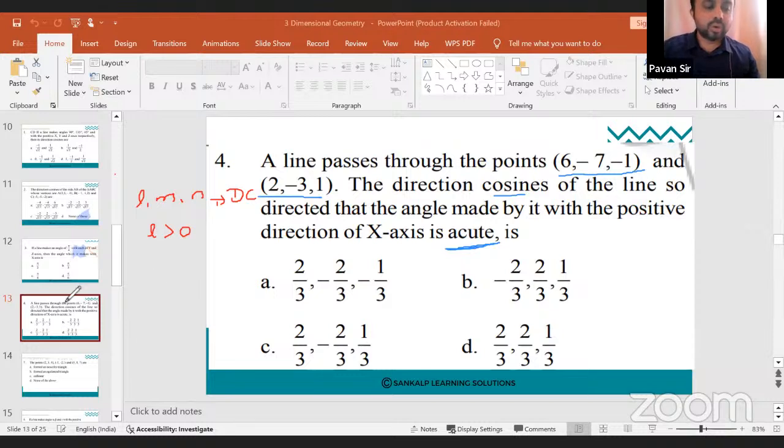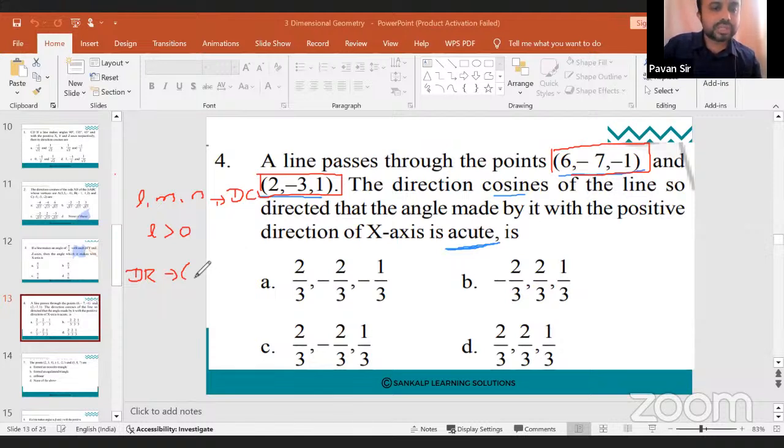Now, the line passes through these two points: the first set is (6, -7, -1) and the second set is (2, -3, 1). When it passes through these points, we can say the direction ratios, DR, are calculated by x1 minus x2, y1 minus y2, z1 minus z2.